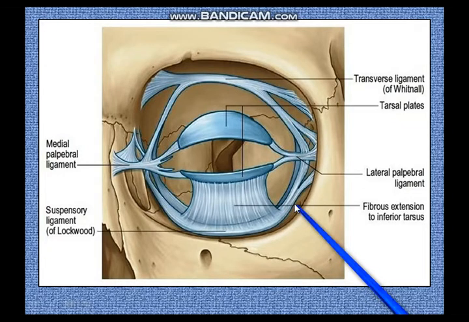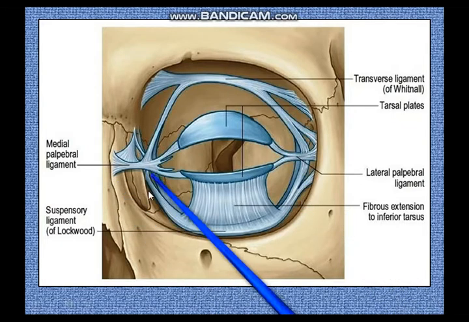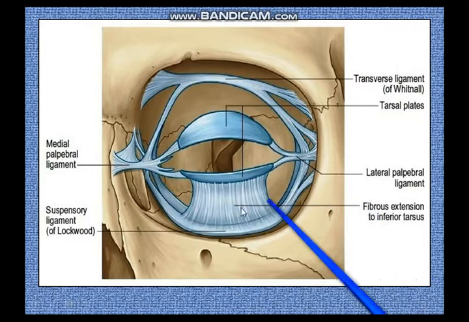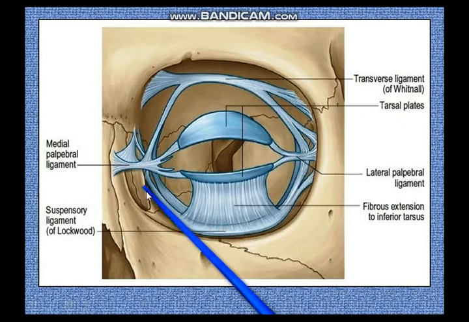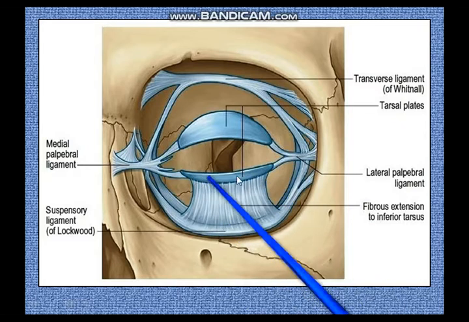And you already know that this suspensory ligament of Lockwood is attached to the fibrous sheath of the inferior rectus and the inferior oblique muscle, and it blends with the medial and lateral palpebral ligaments also. So this suspensory hammock of the eyeball, which is a thickening of the fascia bulbi, is connected to the inferior tarsus.